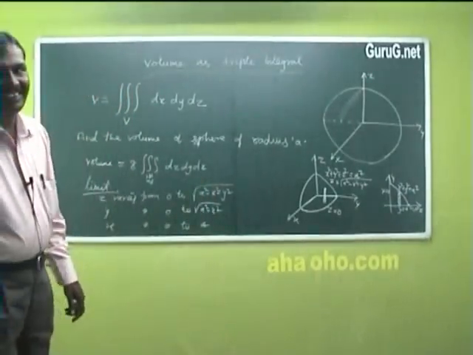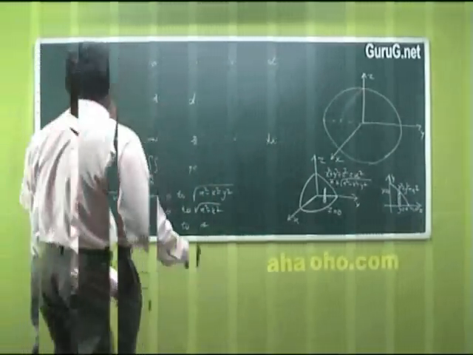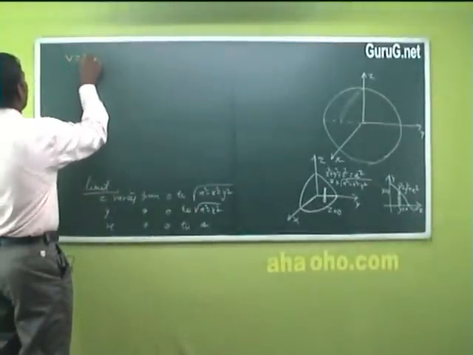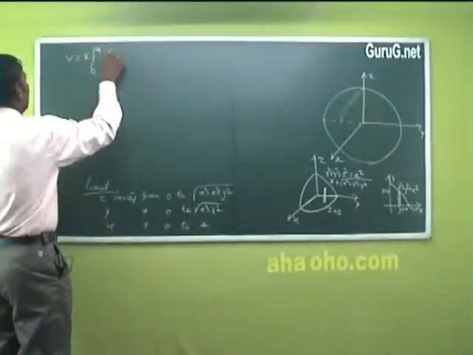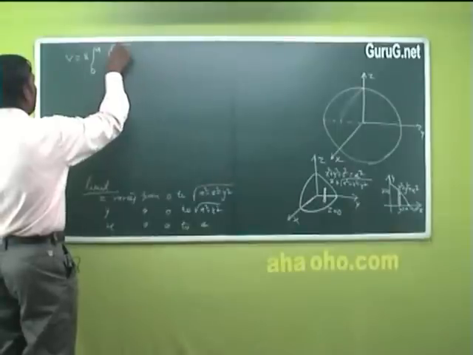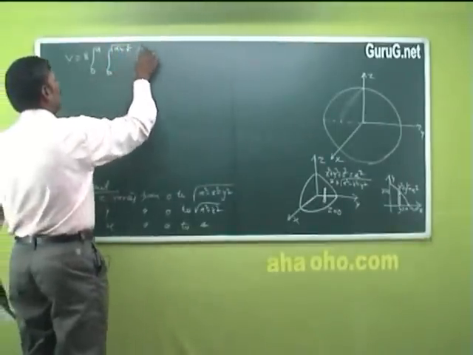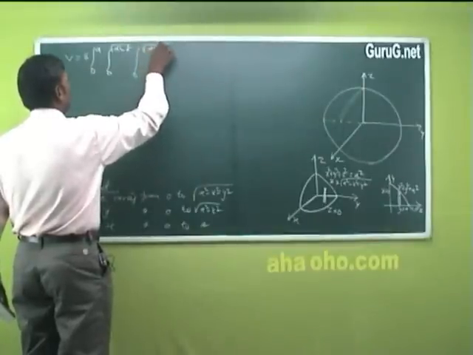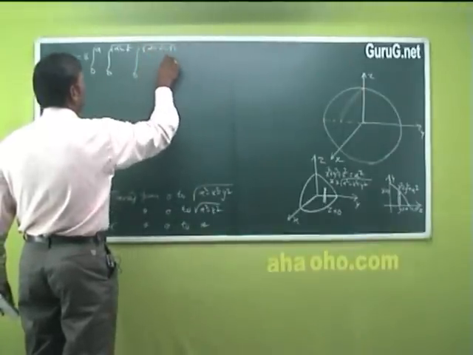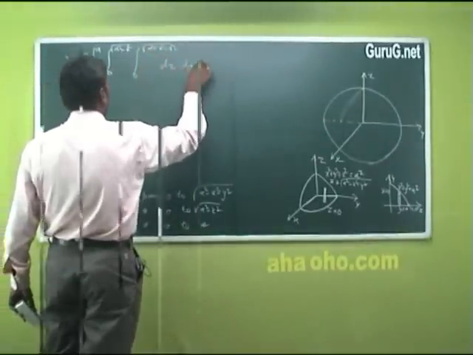Now the required volume V equals 8 times integral 0 to a, 0 to root of a square minus x square, 0 to root of a square minus x square minus y square, dz, dy and dx.